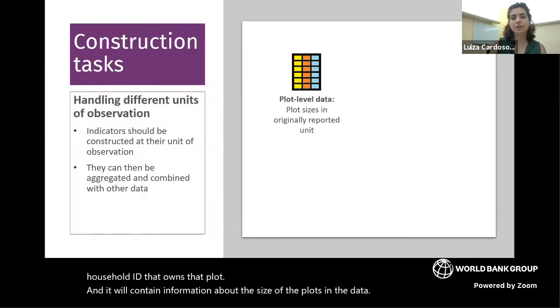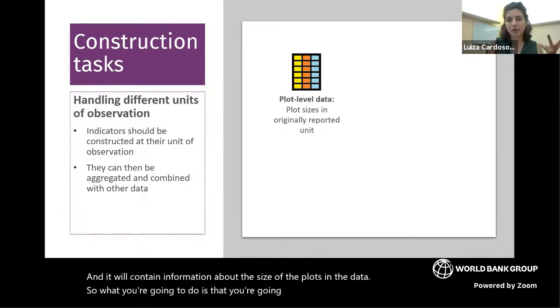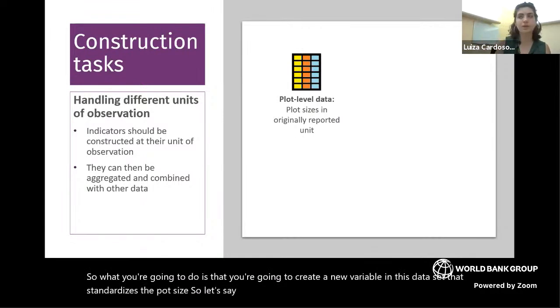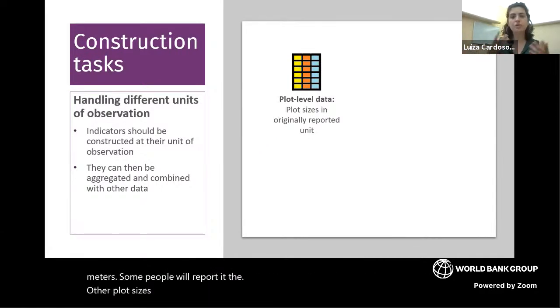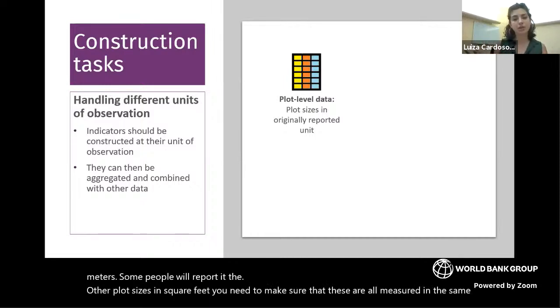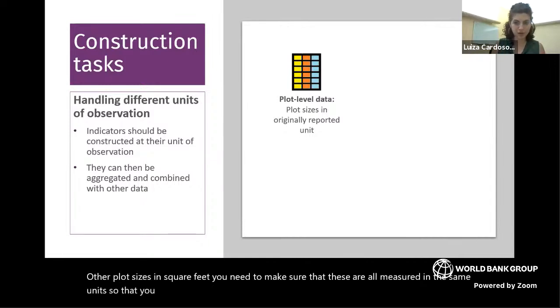So what you're going to do is create a new variable in this data set that standardizes the plot size. Let's say that some people reported the plot size in square meters, some people reported their plot sizes in square feet. You need to make sure that these are all measured in the same units so that you can analyze them together.